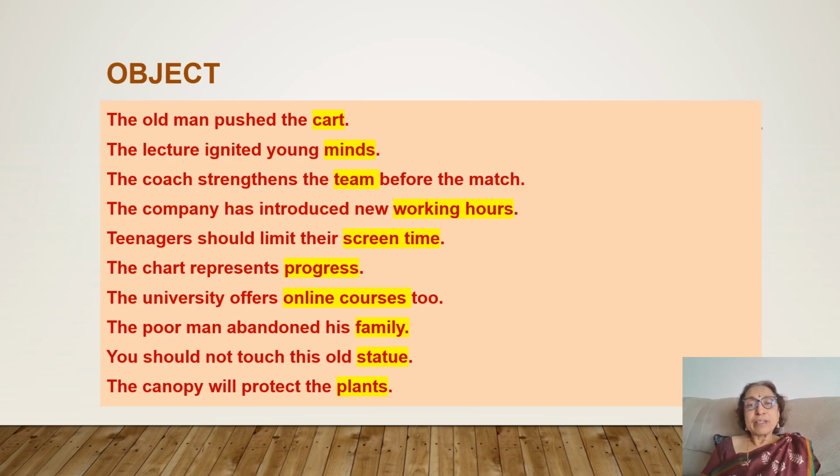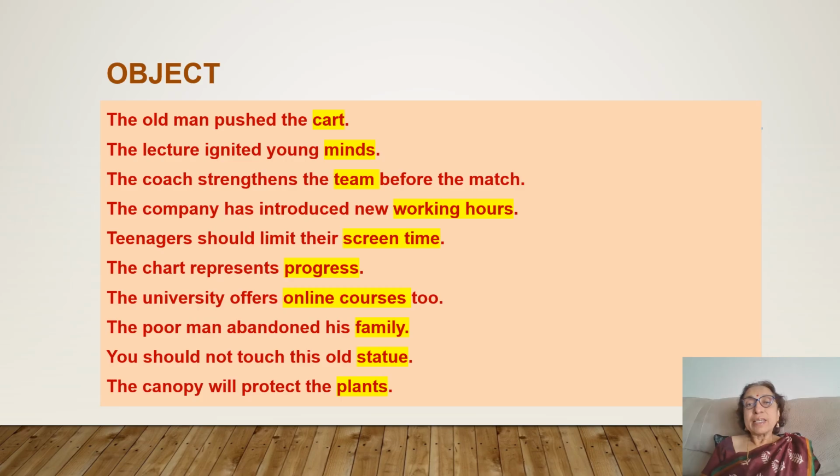Here we have the single object for the verbs. All the verbs have one object, and they are obviously the direct object. The direct object here is the only object in the sentence. It is immediately added to the verb.